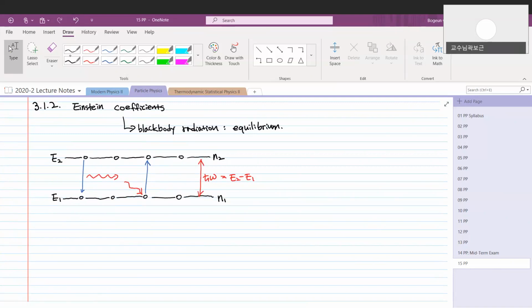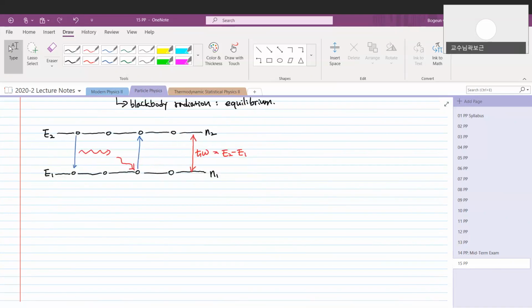So let's consider the number N2 changing. Such changes occur very frequently in a black body. In this case, we consider the possible reasons for such changes.